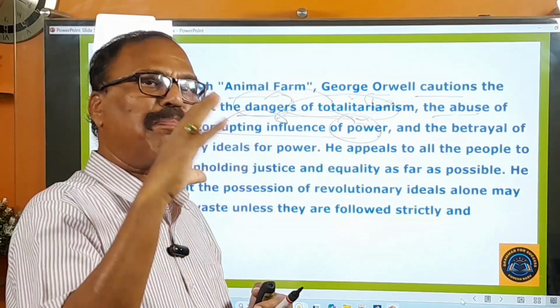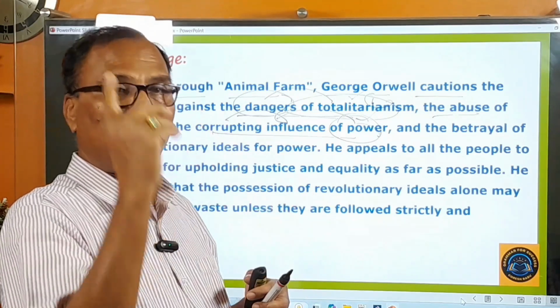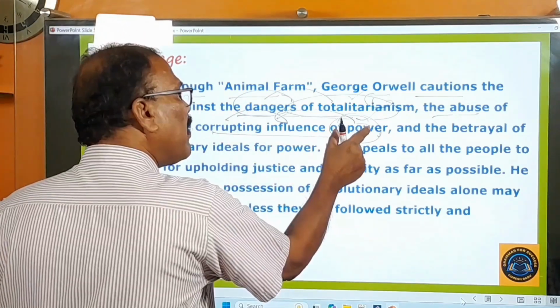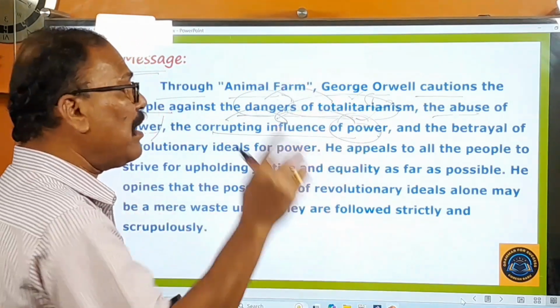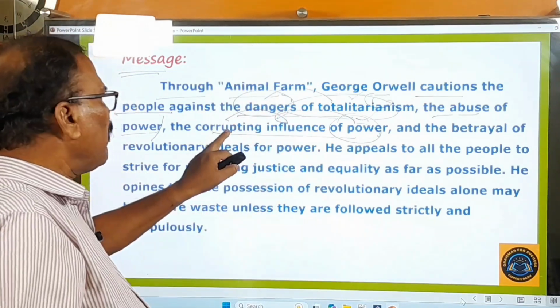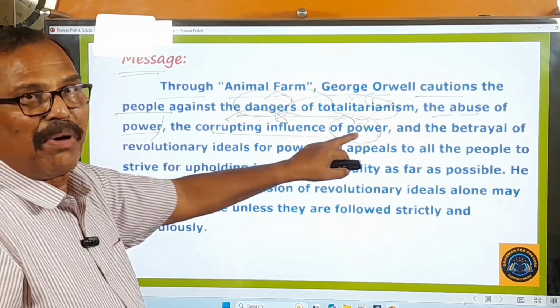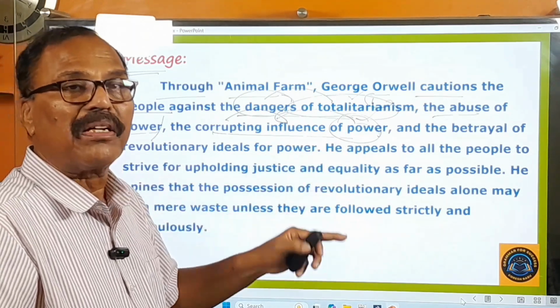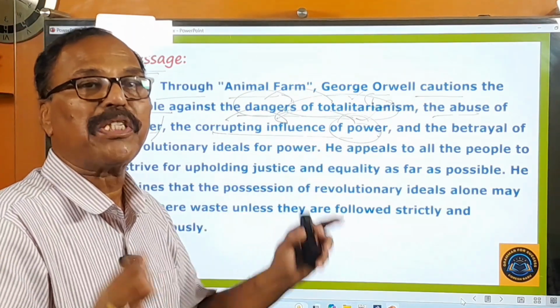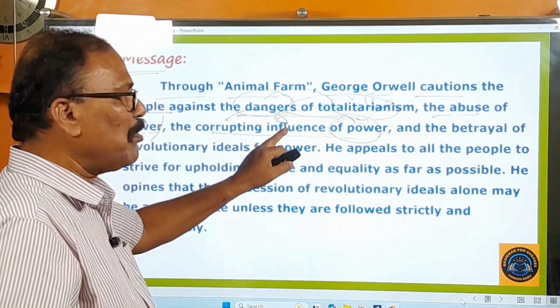Even for a small political power, they are spending lakhs and crores of rupees, because this power is very powerful. And this power has a corrupting influence also. Corrupting means spoiling influence. If you have power, you are sure to be corrupted, sure to be spoiled, because power has that corrupting influence. That is one point.